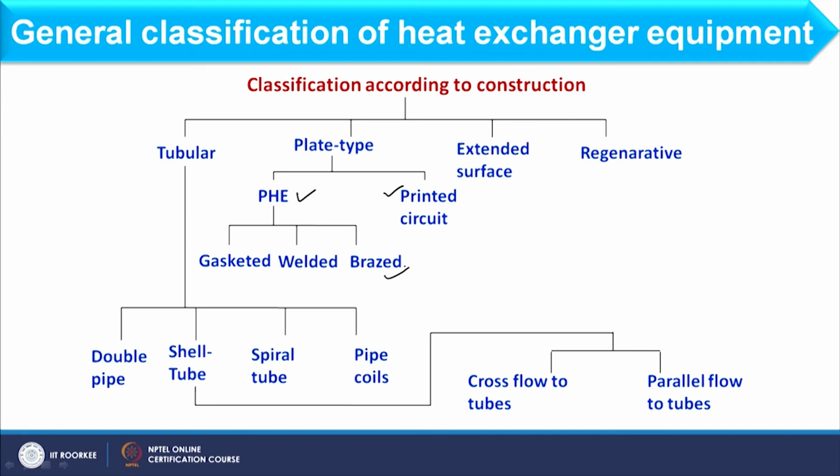In some plates we consider gasket, and that gasket is used to separate the fluids. In some cases where gasket is not feasible, we consider welding to separate the fluid. In welding, at very high temperature we melt the iron, and that iron fills the gap. So that is the welding.